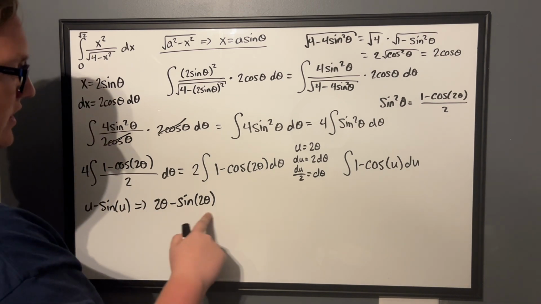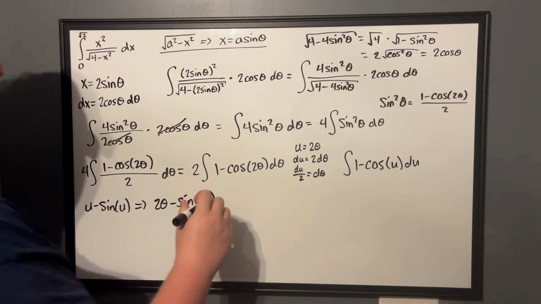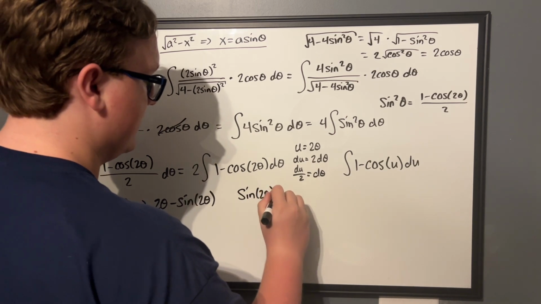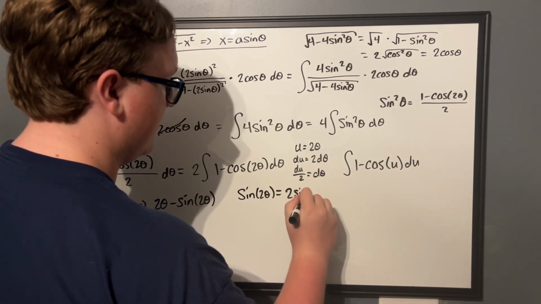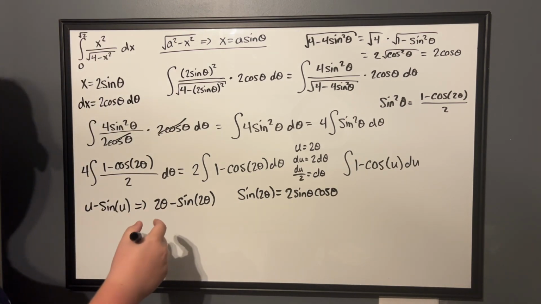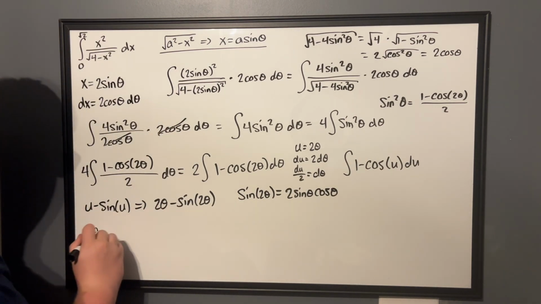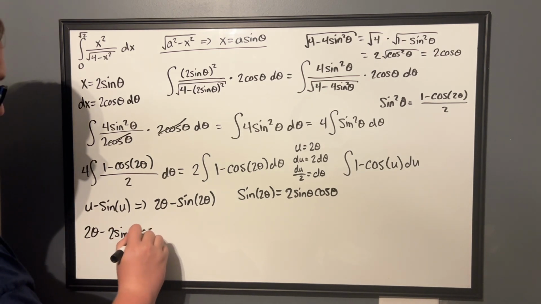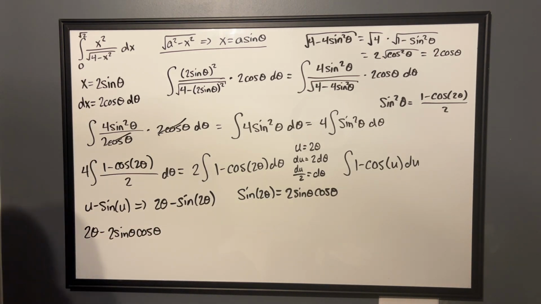So we can actually rewrite sine of 2 theta. So again, from trigonometry, sine of 2 theta is always equal to 2 sine theta cosine theta. So we can actually rewrite this as 2 theta minus 2 sine theta cosine theta. And now we have everything in terms of just 1 theta.